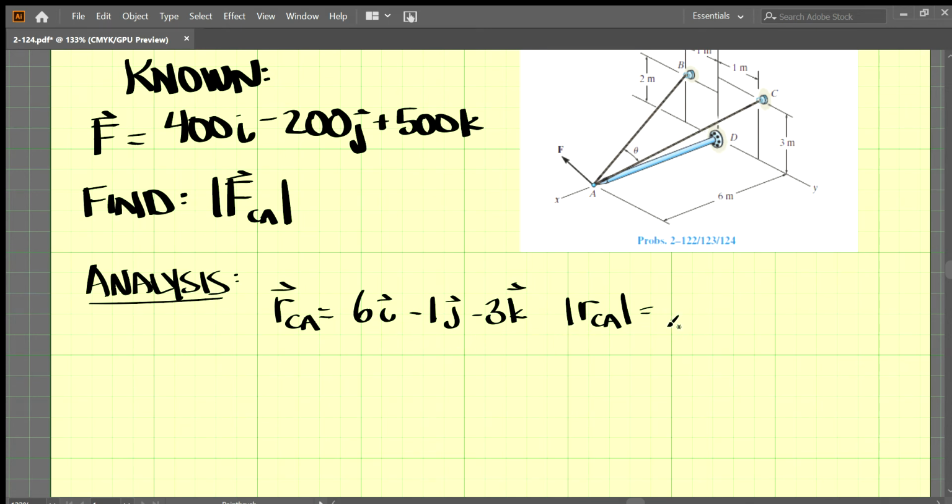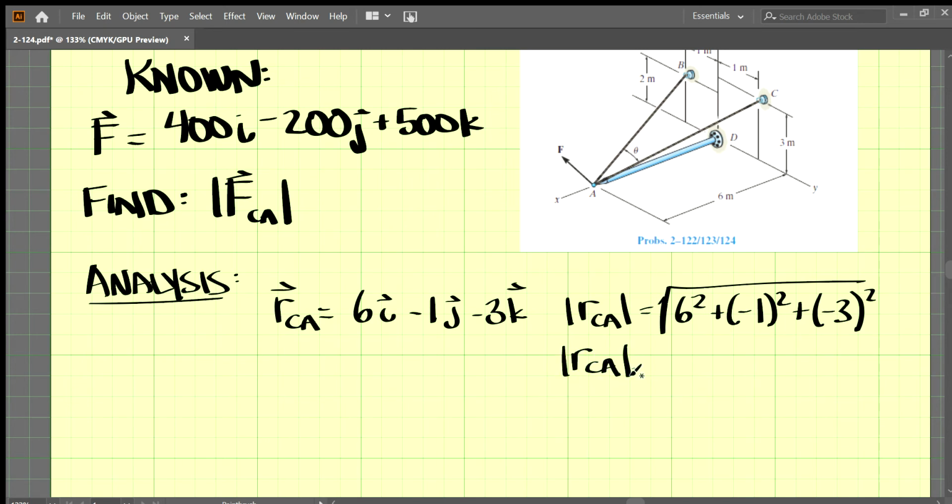So we have 6 squared plus negative 1 squared plus negative 3 squared, and then don't forget to take the square root of all that. This comes out to 6.782 meters. So that's the total length from C to A.